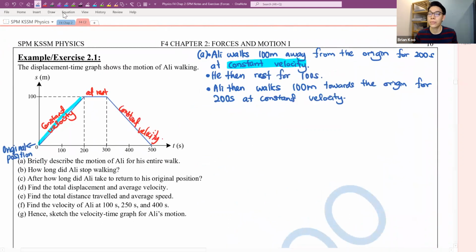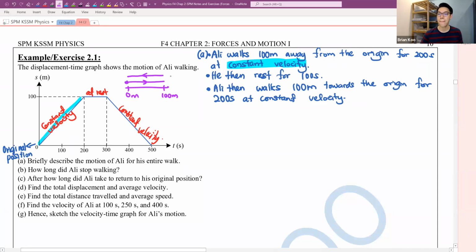Okay, so you can draw a mini version up here. At first 0 meter and then 100 meter. So Ali walks to here and then walk back. Okay.